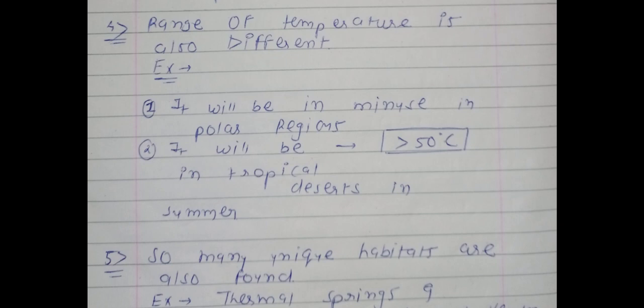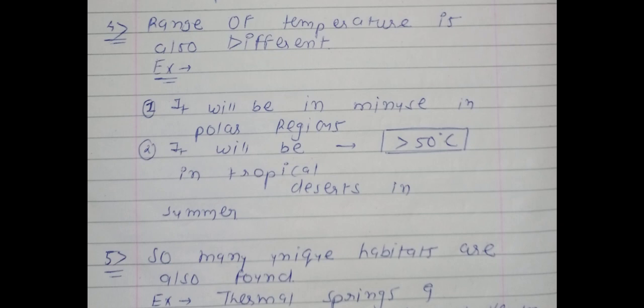Point number 2, temperature will be greater than 50 degrees centigrade in the tropical desert region in summer season. Okay, so two different types of examples are there. In the first example, the place is the polar region, while in the second example, the place is the desert. So both places are located in different regions on our earth.